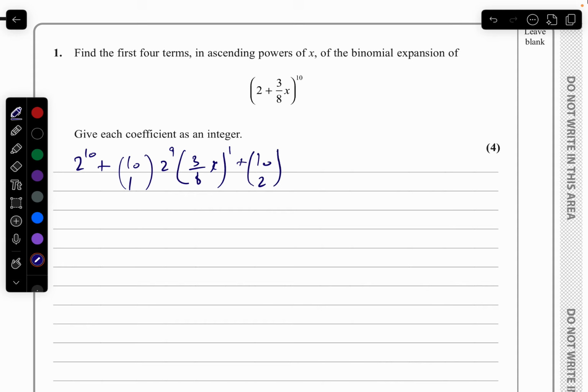Now again, it will become 2 to the power of 8, and 3/8 x squared. Then 10C3, which is 2 to the power of 7 and 3/8 x to the power of 3. Because it says first four terms, we don't need to go further.